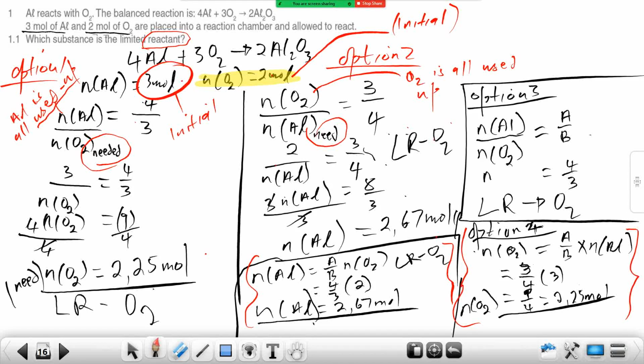So if you work with aluminium, work with aluminium. If you work with oxygen, work with oxygen. And then at the end, you only compare the initial oxygen with the needed or reacted oxygen. If we work with aluminium, we get the final number of moles of aluminium, so we compare the 2,67 with only the 3 moles of aluminium.